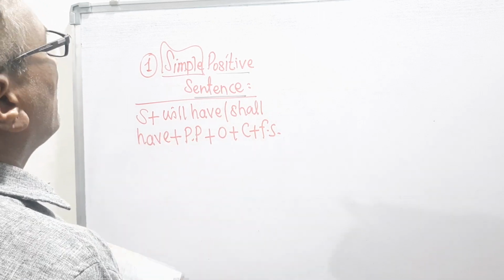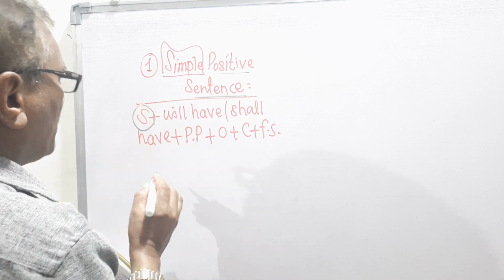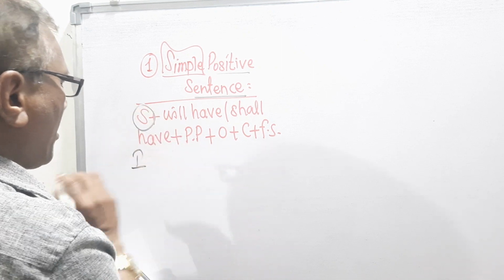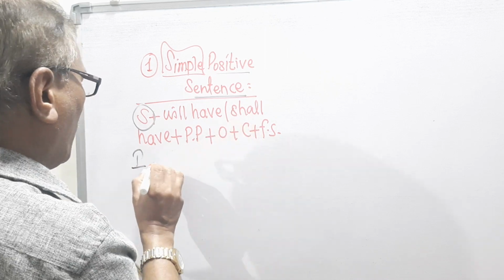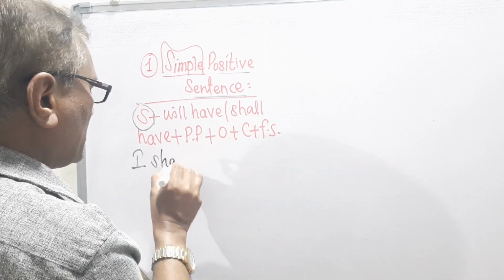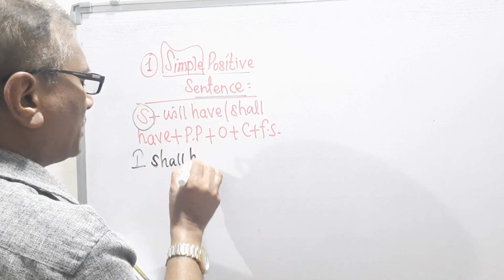So remember here, I will write one example. I will take the subject I, then I will take here shall have, because when the subject is I, then we must take shall have.